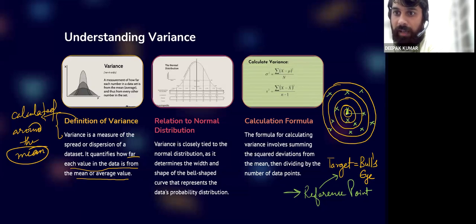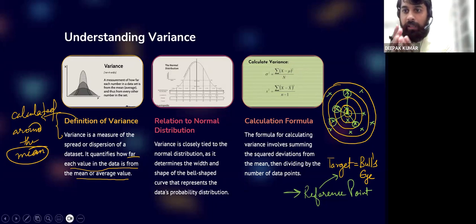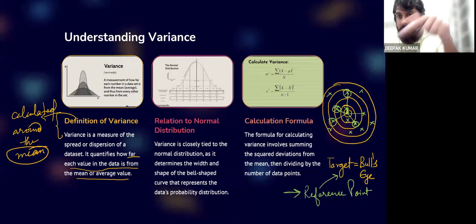Say Mr. Abhilash Vishwan hit the third one. This is hit by Abhilash. Say this is hit by Senthil. Say the third one is hit by Kunal, and say this is hit by me. So see the variability, the proximity of every hit to the bullseye.